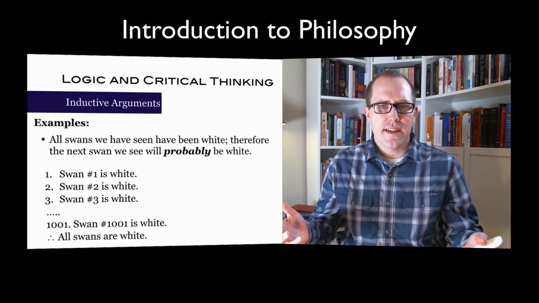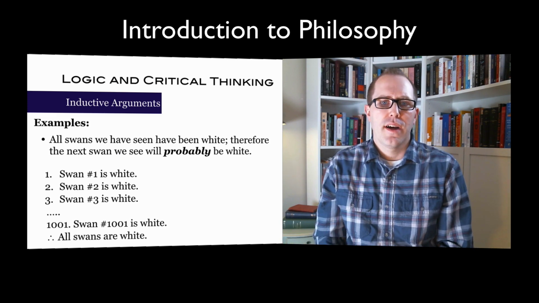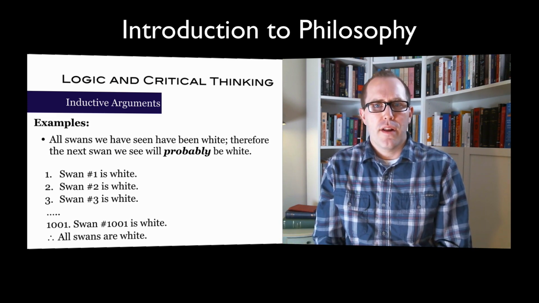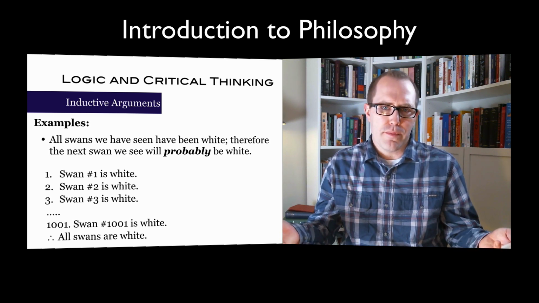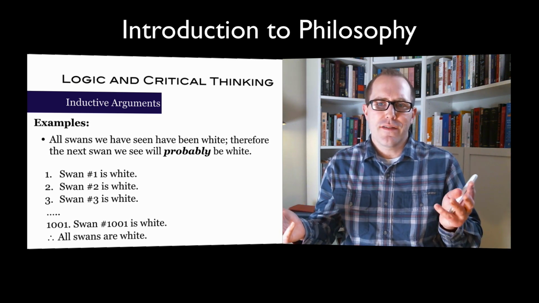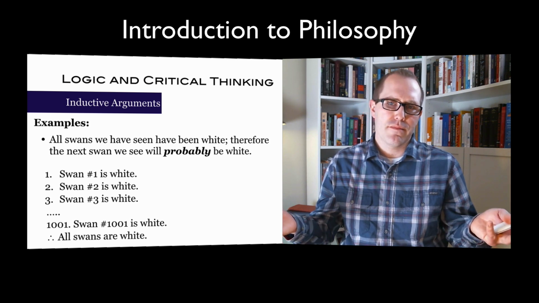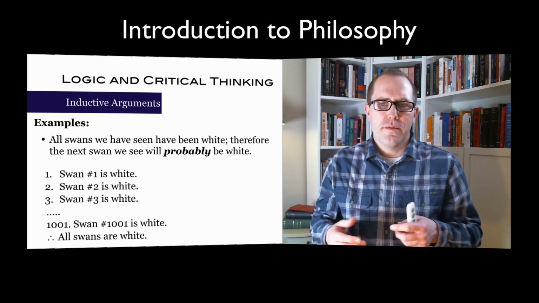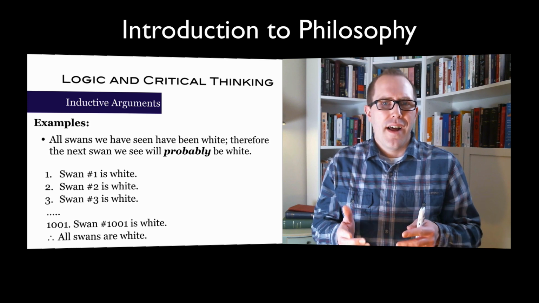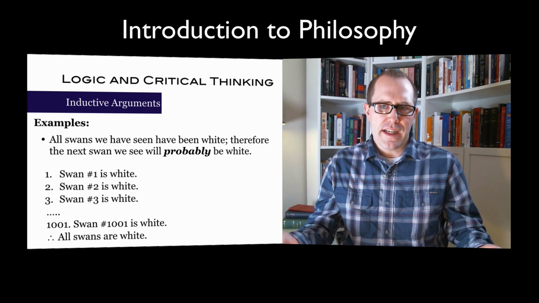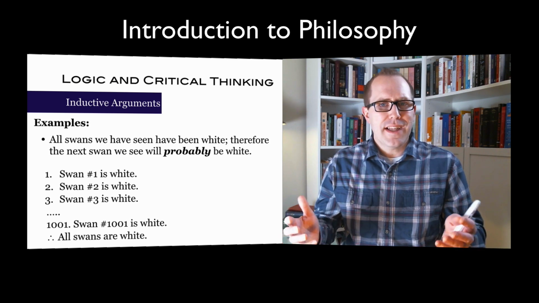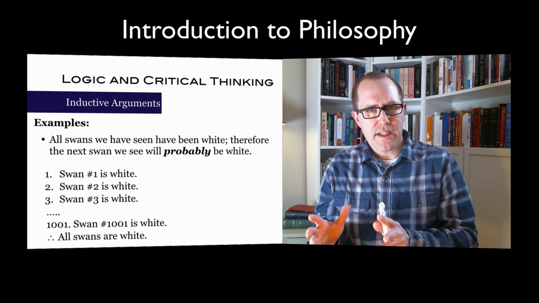Now if you want to get into some examples of how this might work, let's take the example regarding swans. We might set out an argument. All swans that we have seen have been white. Therefore, we conclude that the next swan that we see will probably be white. Again, we need to emphasize this word probably.